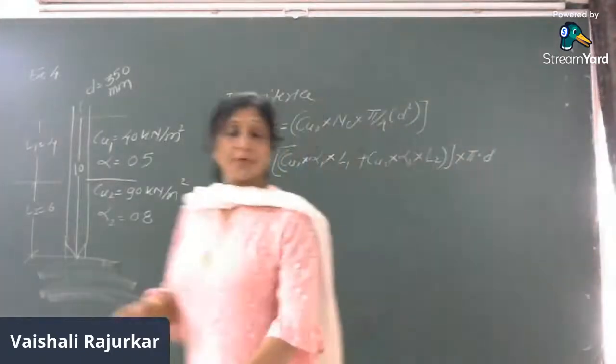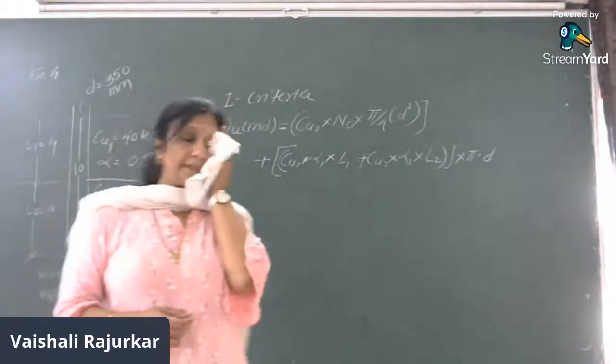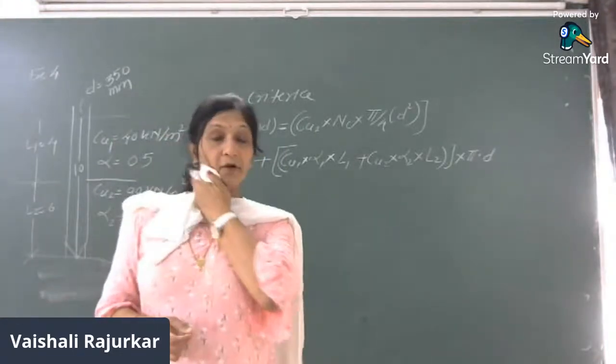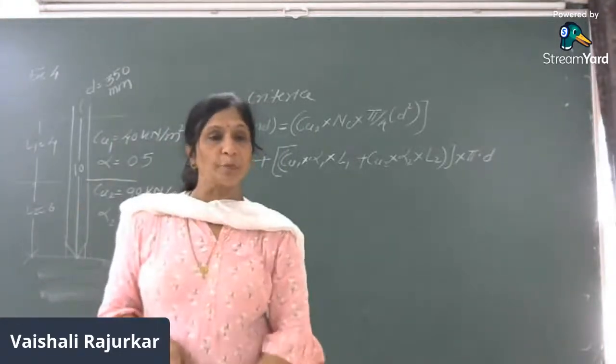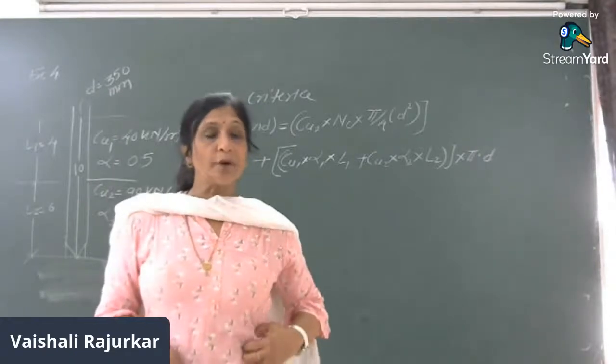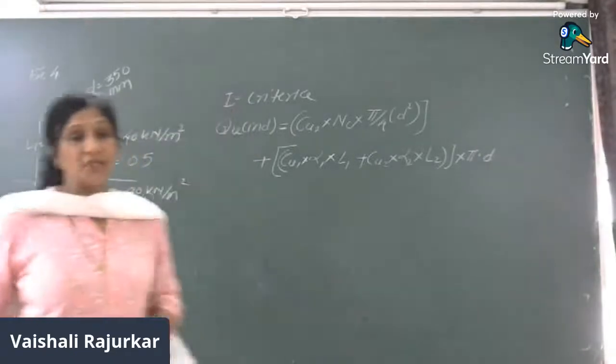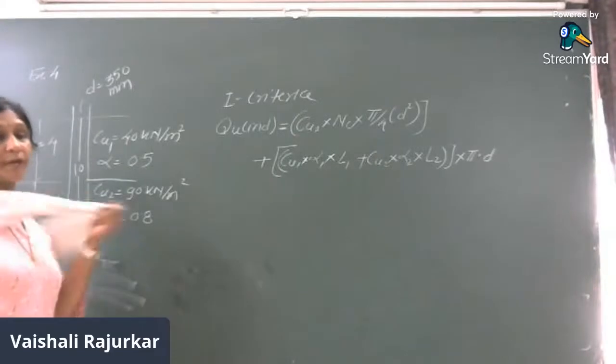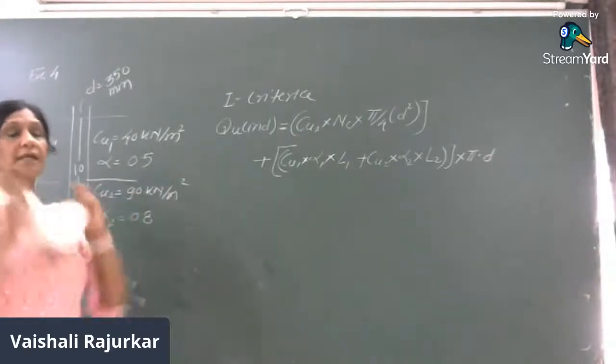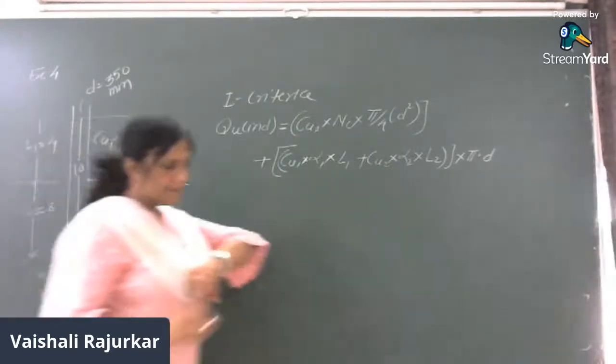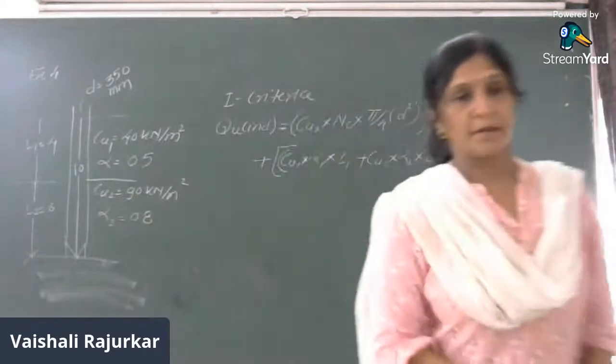And the last type of numerical is where you have to find out the diameter of the pile, or sometimes the length of the pile or the width of the pile. In that case, the load coming over the pile is mentioned, and here you have to find out the spacing, right?